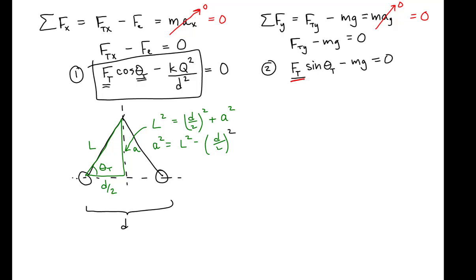So what I'm going to do is take equation 2 and isolate the term with tension in it on the left side of the equation. I'm going to take equation 1 and do the same thing.